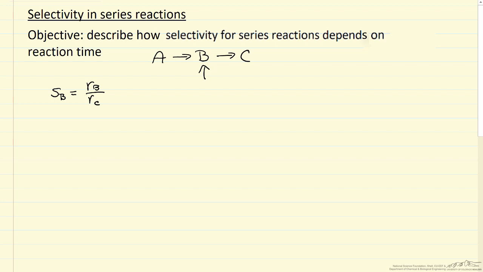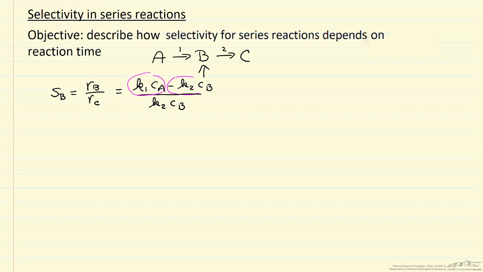Let's assume these are two first-order reactions, so the rate of B formation would be k1 concentration of A minus k2 concentration of B, over k2 concentration of B. Well, this is not going to be a very useful selectivity term, because you can see as the reaction proceeds, this term can become larger than this term. So a selectivity that can be negative would not be a useful term.